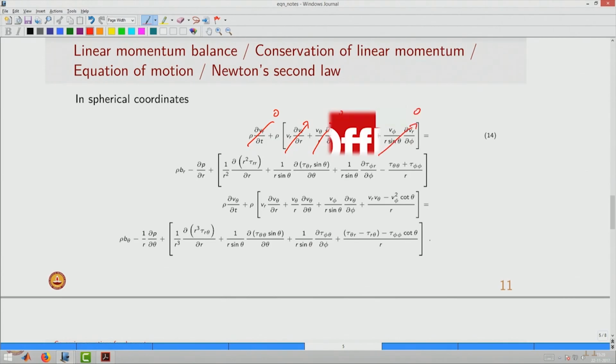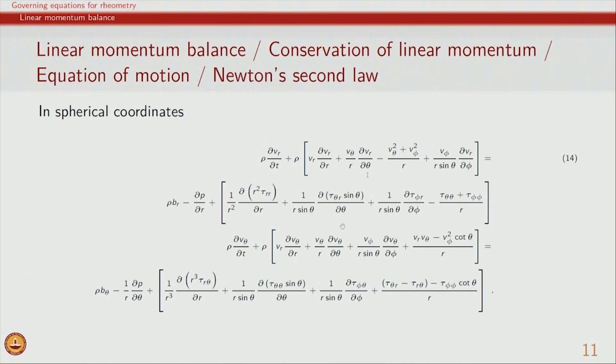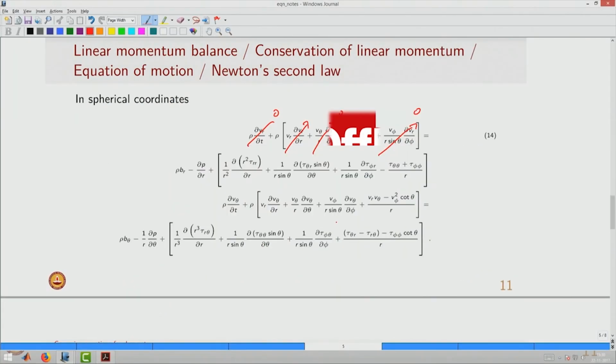And similarly we can again in this case also argue that we will only have some of the stress components 0 and some other stress components non-zero. Again we will have 4 dominant components of stress which are non-zero, and based on that we can simplify, and therefore we can say that this term will be 0 because there is no phi dependence.